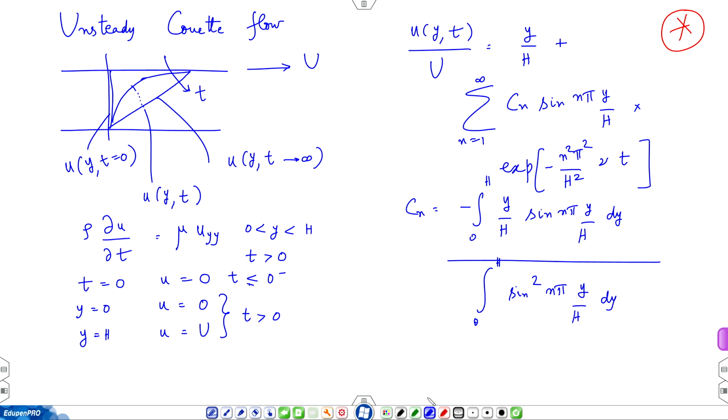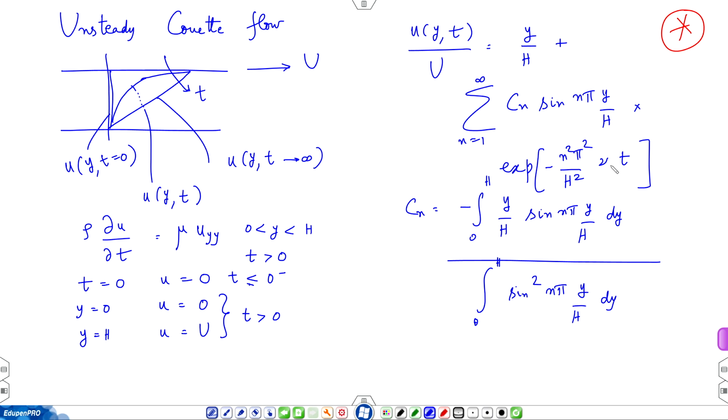It also satisfies boundary conditions, because when y is equal to 0, this entire infinite series is 0 and you get u equal to 0, and when y is equal to h, again sin n pi is 0. So, you have only the leading term, this y over h. So, you get u equal to capital U. So, boundary conditions are satisfied.